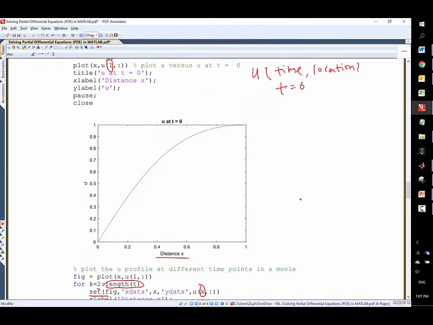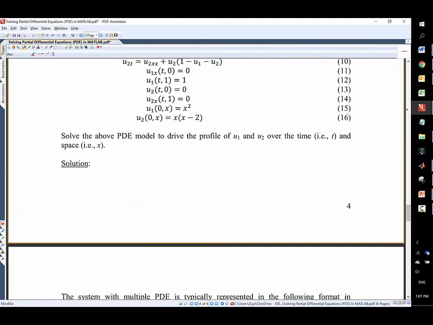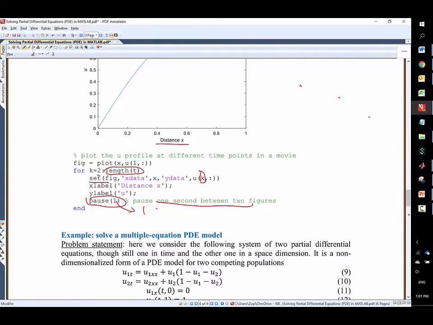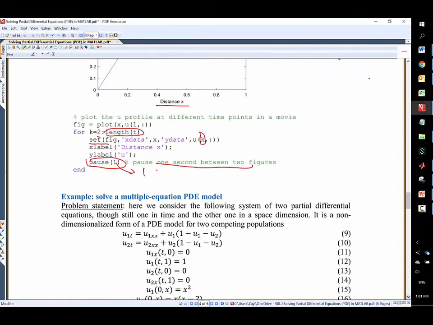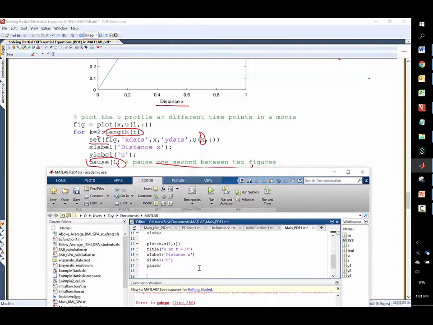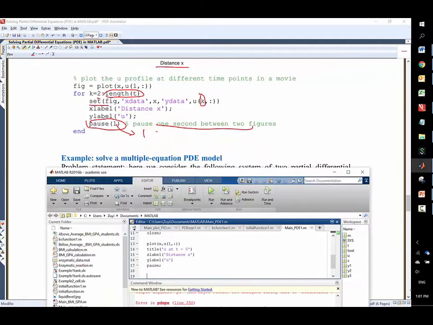Okay, now let's do the movie, right? To do the movie, you use the for loops here. So we are going to get figure equal to plot.